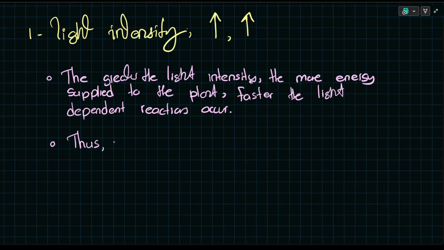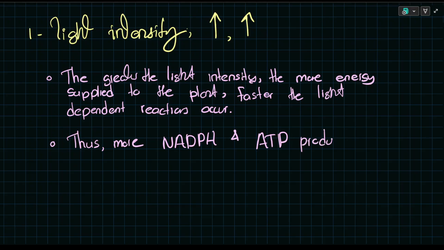Thus, more NADPH and ATP are produced. These are the only things we're taking from the light dependent stage. So more NADPH, more ATP is produced. Much more of them are produced.